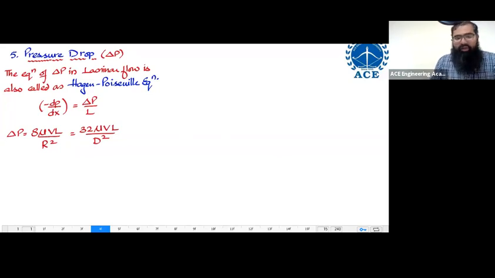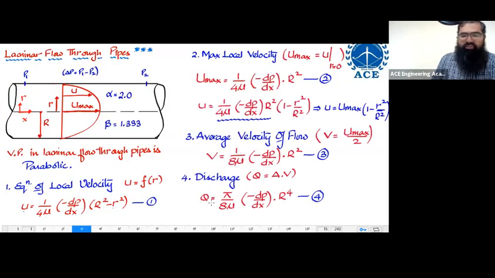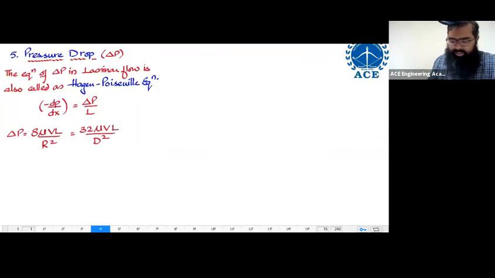Similarly, I want you to develop the equation of delta P using discharge. How will you do it? You'll first start with Q is equal to pi by 8 mu delta P by L into R power 4. From there, get the value of delta P. Delta P now has to be 8 mu QL upon pi R power 4.